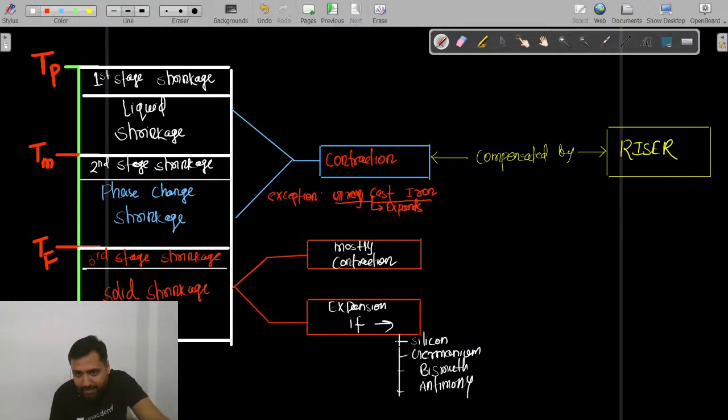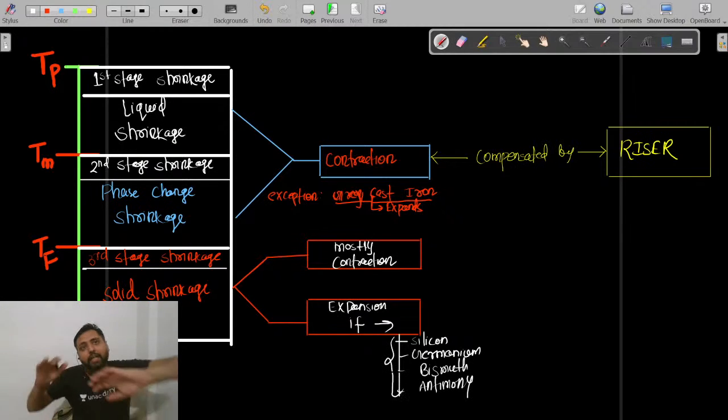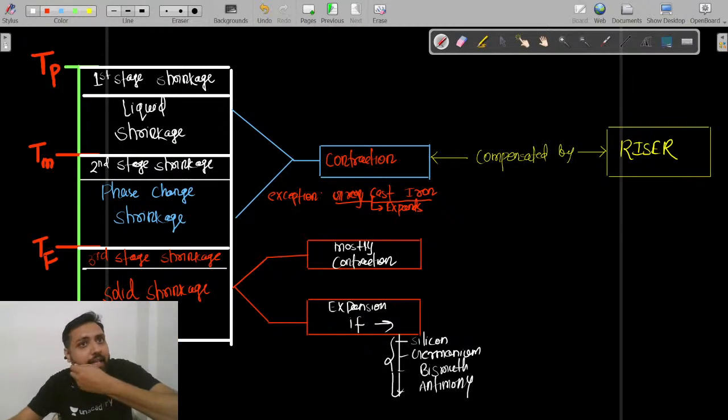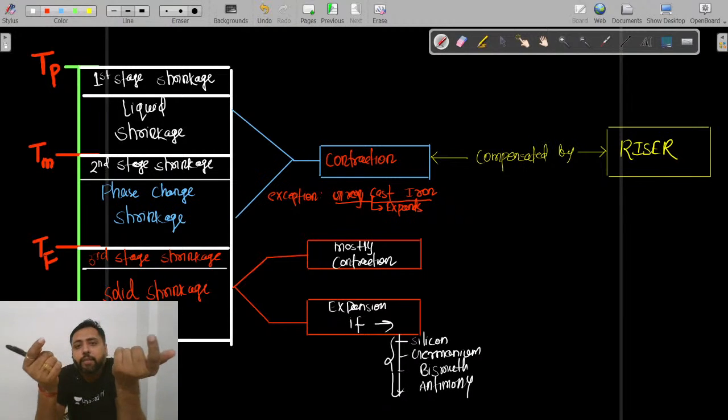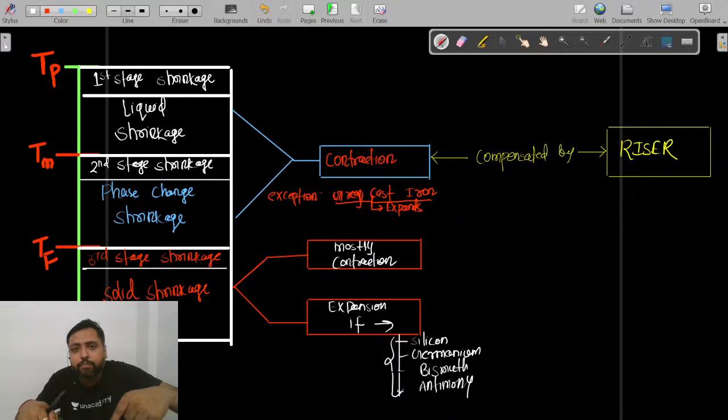If you are casting these materials and it has already solidified, and now from the freezing temperature the temperature is reducing towards the ambient temperature, then instead of contraction, it will expand.